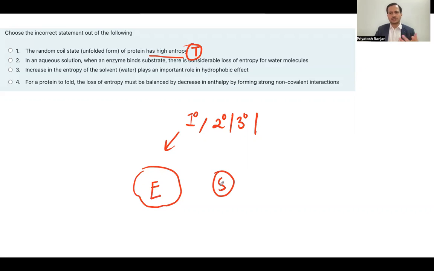So before binding, what usually happens in a solution, be it inside the body or when you're performing the experiment in the lab, these enzymes and substrate, when they're not coming together, are surrounded by the water molecules.